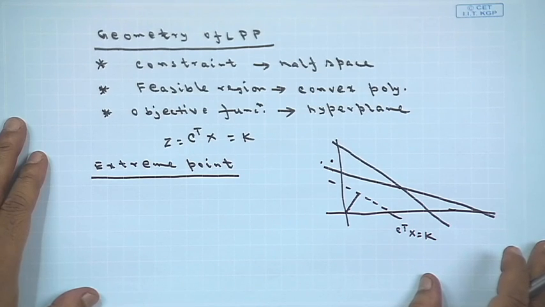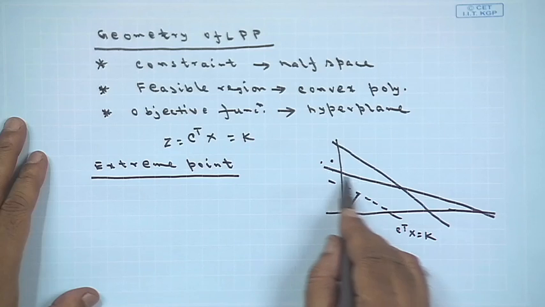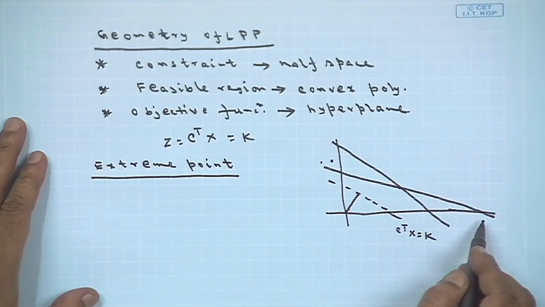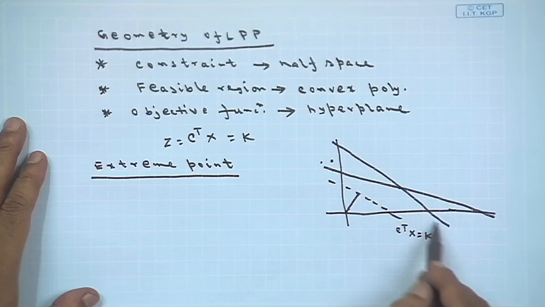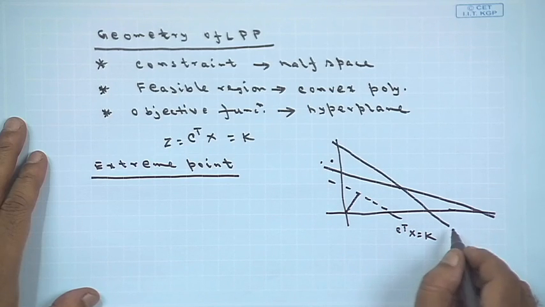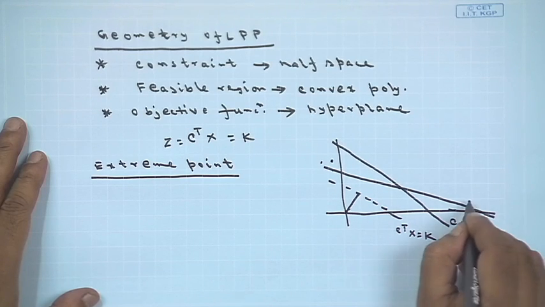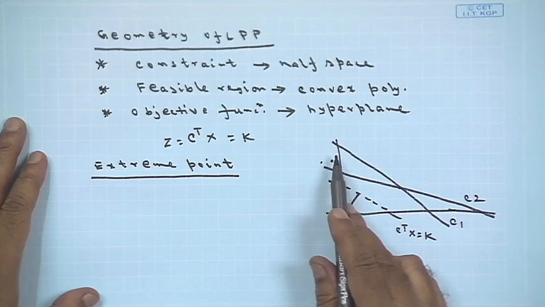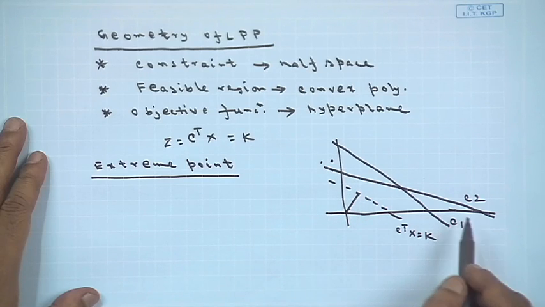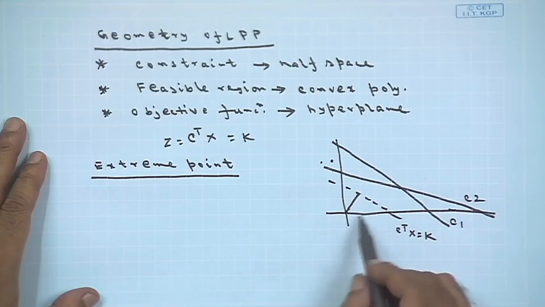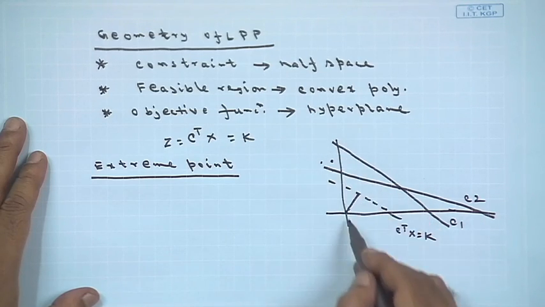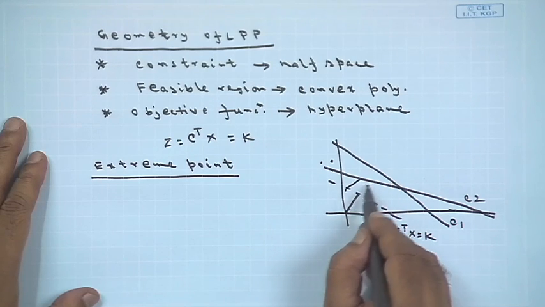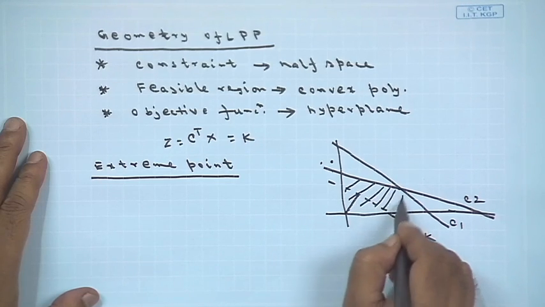So, here if you see, if this is one constraint we have defined using equality sign, and this is another constraint. So, I am writing this one as constraint C 1, this one as constraint C 2, and since the variables are non-negative, I have to take this axis and this axis on the positive sign. Then your feasible region is basically nothing but this.